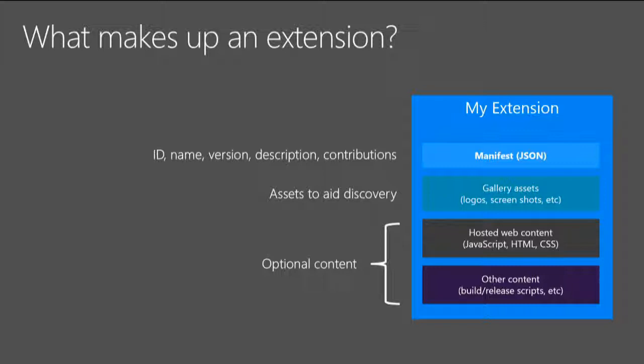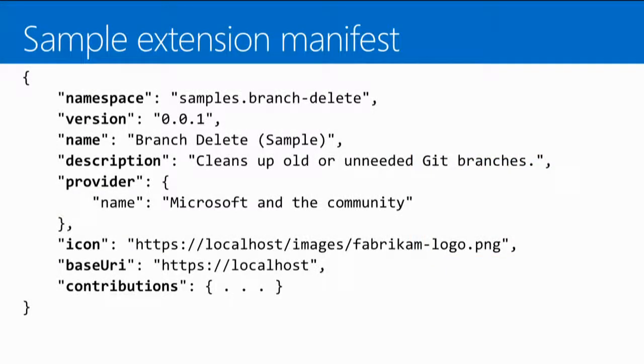It'll have, at some point when we support the build and release tasks, you'll be able to package the PowerShell / JavaScript into your extension as well. So this is what a simple extension manifest looks like. And I'm not going to go through every part of this.